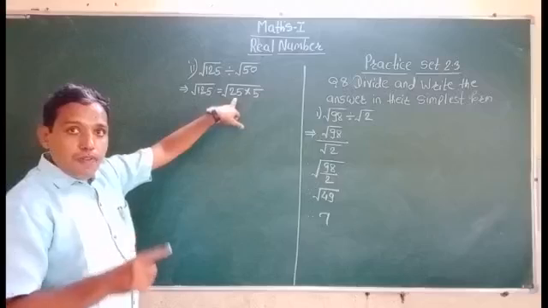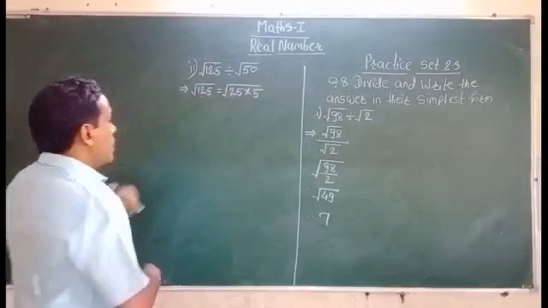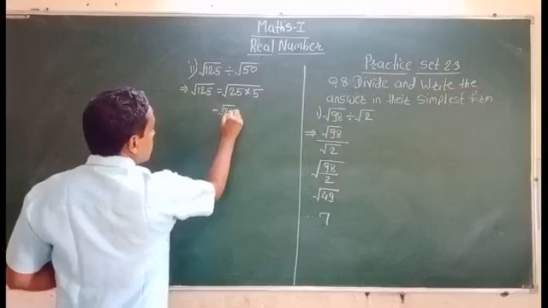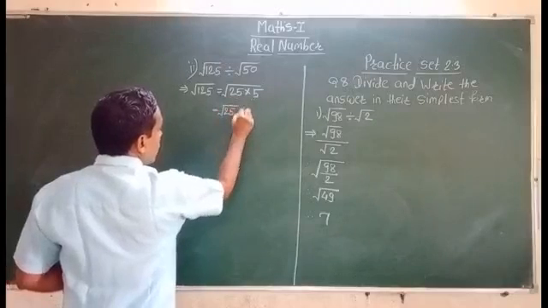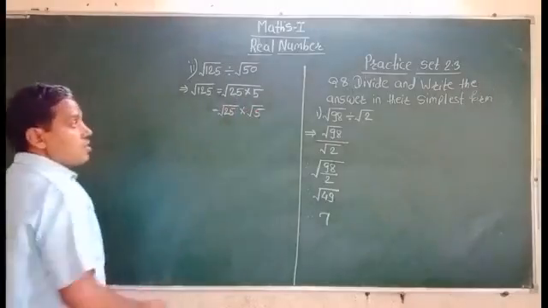You find the square root of 25. So you write surd 25 into surd 5.